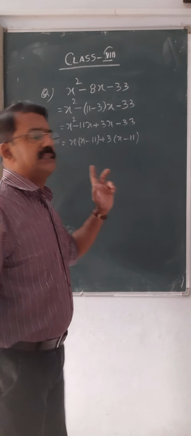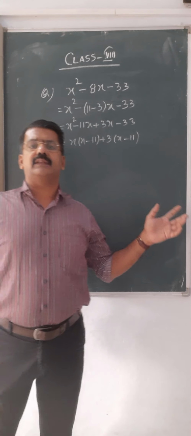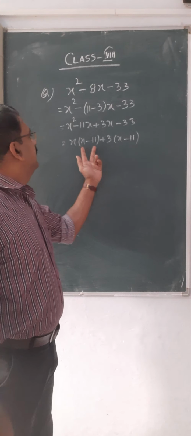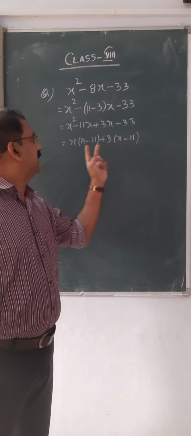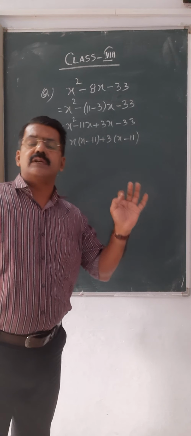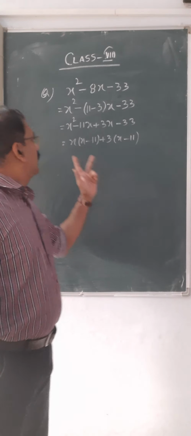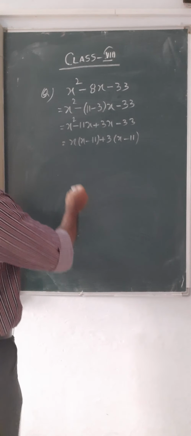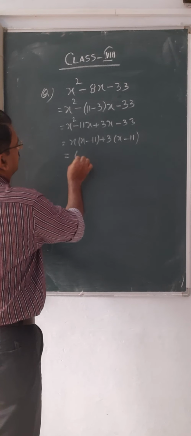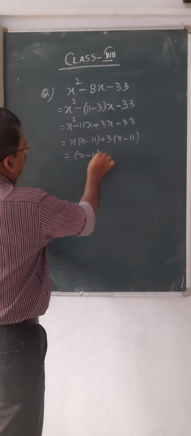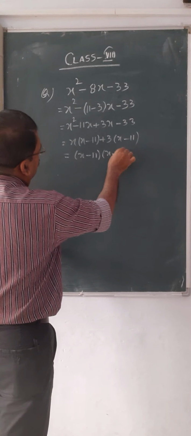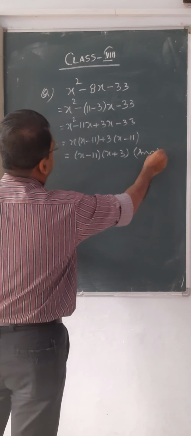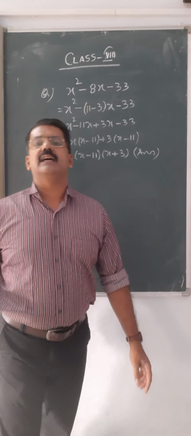Now always remember, while applying the method of splitting the middle term, these two terms in the brackets must be the same. So now it is x minus 11 here and x minus 11 here, so we can take x minus 11 common. So when you take x minus 11 common, in the other bracket you will have x plus 3, and that is your answer. Okay, that is the answer.